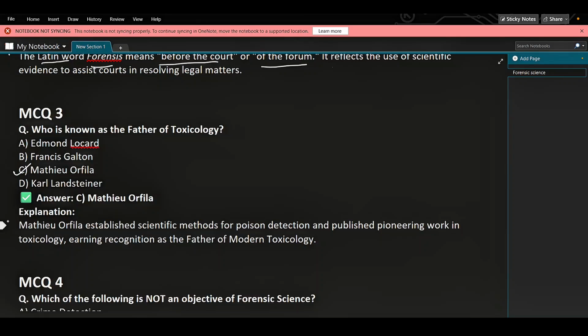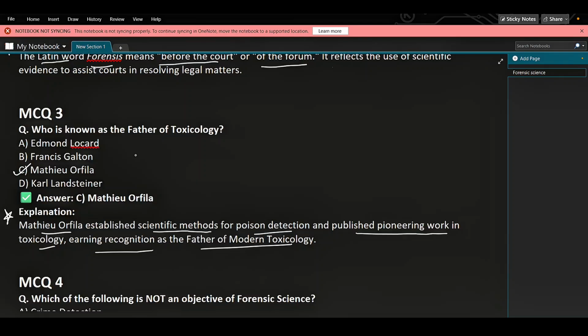Here is the explanation: Matthew Orfila established a systematic scientific method for poison detection and published pioneering work in toxicology, earning recognition as the father of modern toxicology. His research transformed poisoning investigations from guesswork into scientific analysis, making toxicology an essential branch of forensic science.